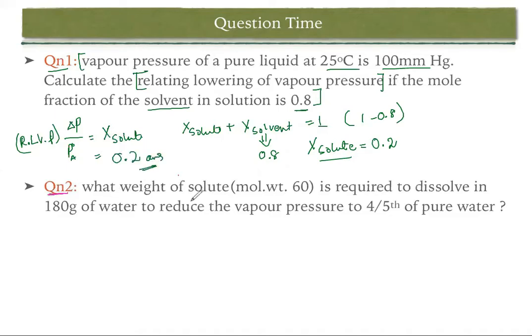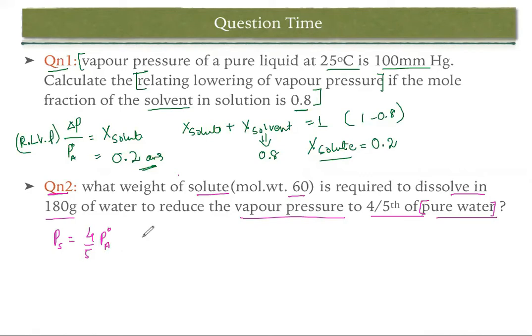Now question number 2. What weight of solute of molecular mass 60 is required to dissolve in 180 gram of water to reduce the vapor pressure to 4/5 of pure water? Let us write what data is given. Here water is our solvent. The vapor pressure of solution is equal to 4/5 of the vapor pressure of pure solvent.